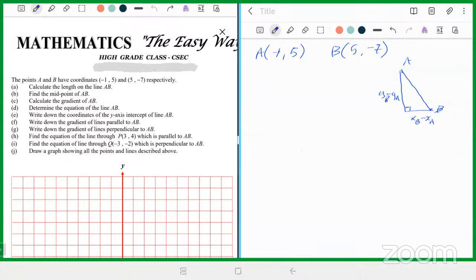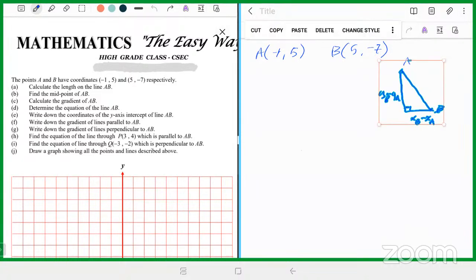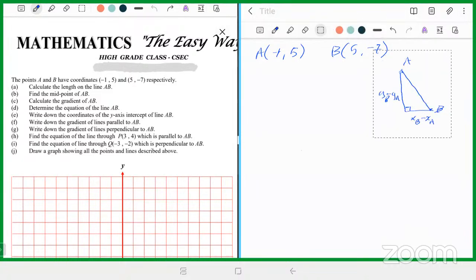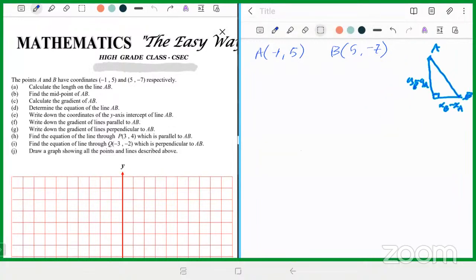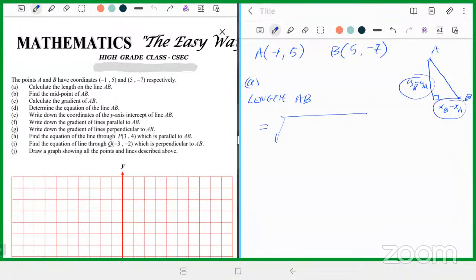And so the formula for the length of the line using Pythagoras' theorem then will become, let me write it here now. Let me shift this all away and write it here. So I'm just gonna say for part A that the length AB is gonna be equal to the square root of this side squared plus this side squared.